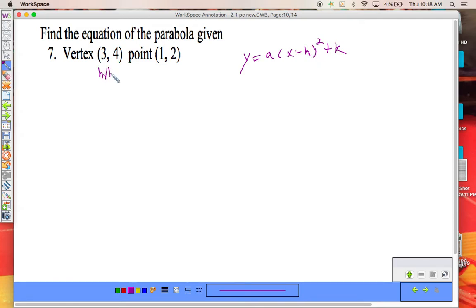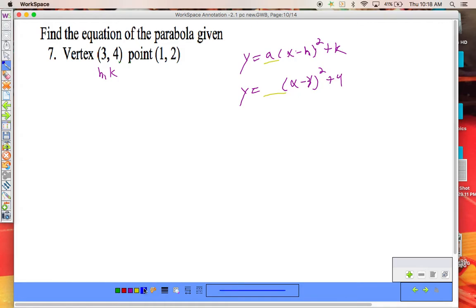Automatically, here's my h, k, so I'm going to have y equals something, x minus 3 quantity squared plus 4. So what I have to figure out is that a value.